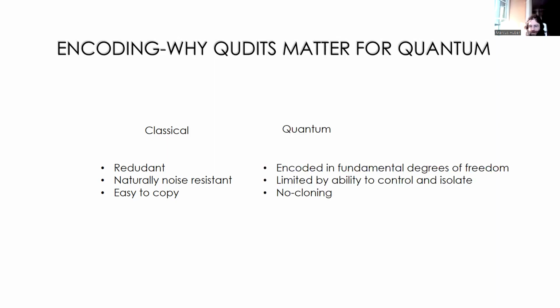However, if I really want to use superpositions and entanglement, usually I have to encode in very fundamental degrees of freedom. I cannot just do some very redundant bulk coding. There I'm limited by the ability to control, to isolate, and to make them interact. Local gates and non-local gates are not easily the same. And if my signal diminishes, I cannot just copy and amplify it in a trivial manner because of the no-cloning theorem.